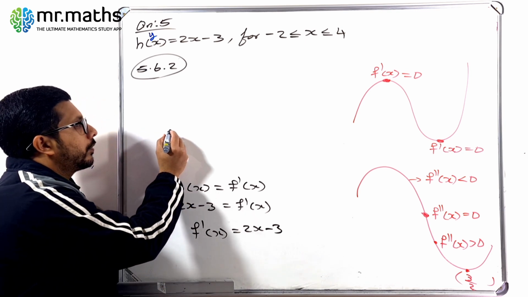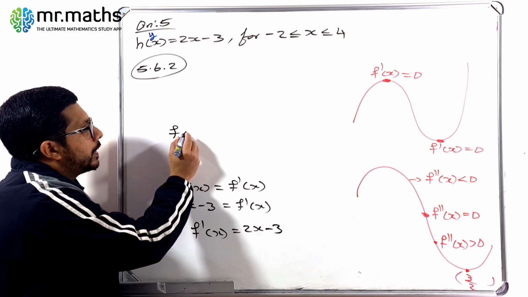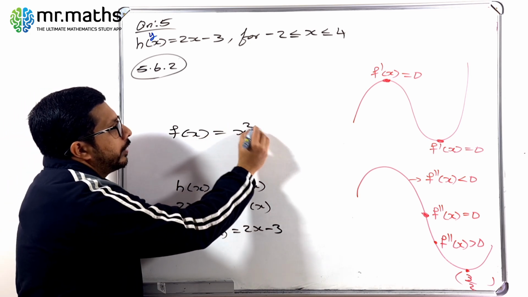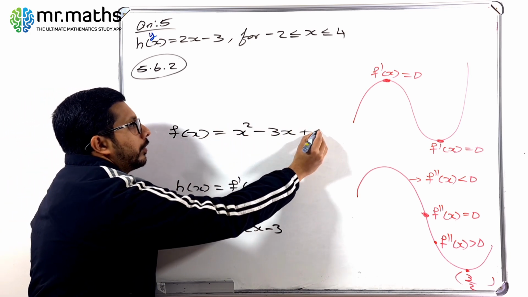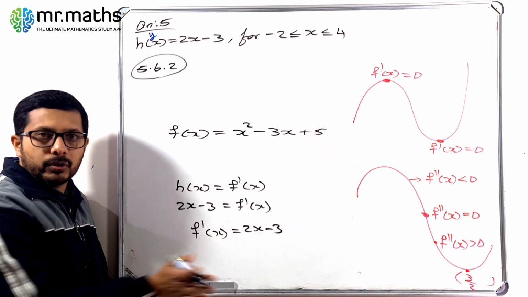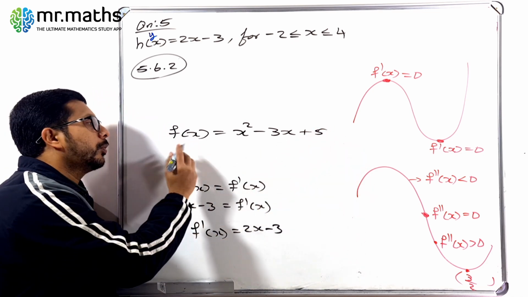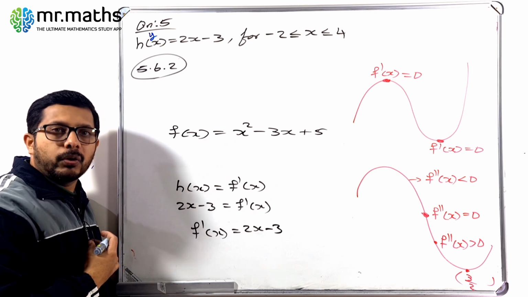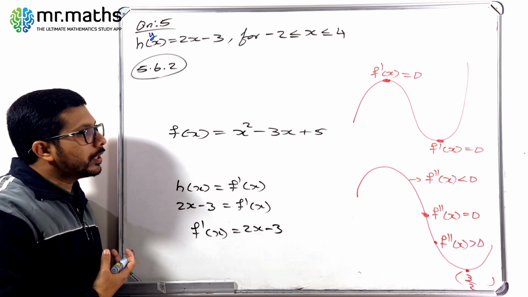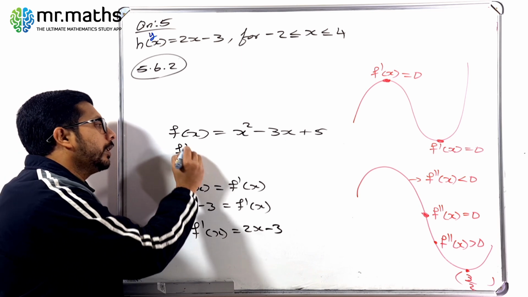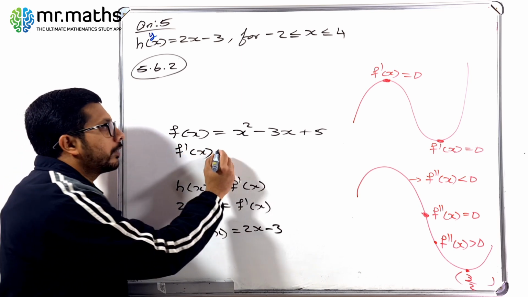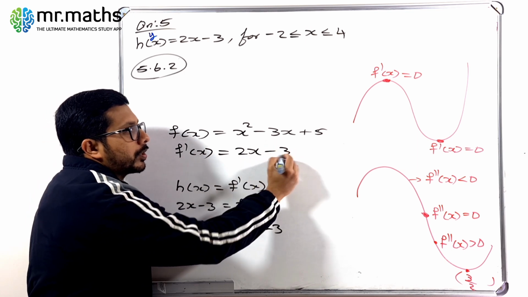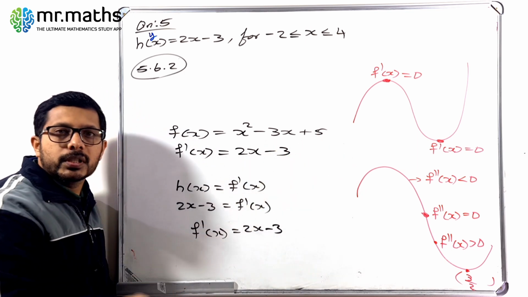If I write f of x is equal to x squared minus 3x plus 5, just as an example, what type of graph is this? x squared is a quadratic graph. If I find the derivative: the derivative of x squared is 2x, of minus 3x is minus 3, and of the constant term is 0.